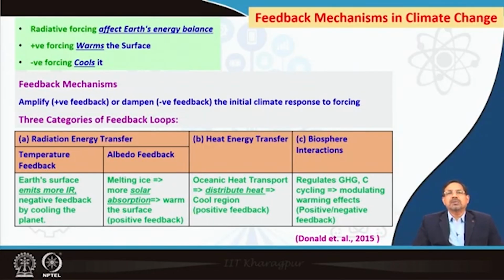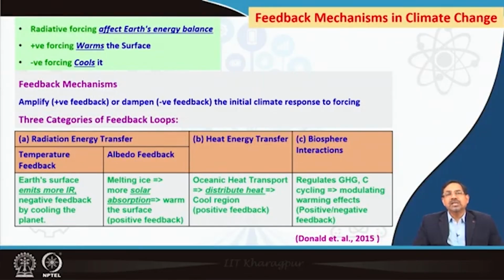Second, in terms of albedo feedback, melting of ice, snow and glacier means more solar absorption. In contrast to ice deposition, if it melts, it will lead to more absorption of the sunlight, and in turn it will warm the surface. So, that is a positive feedback.